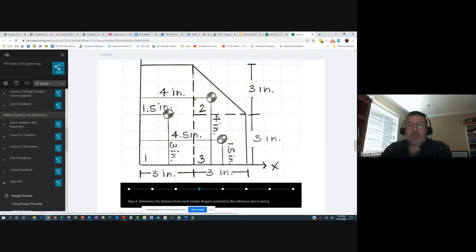So remember, it was 1/3 of the way in for the triangle, but the triangle has a base of 3, so it's actually just going in 1. So 1 plus that 3 gives you 4. And same for the y coordinates. They all have to be with respect to this particular origin point that you choose. And typically, it's the lower left corner.